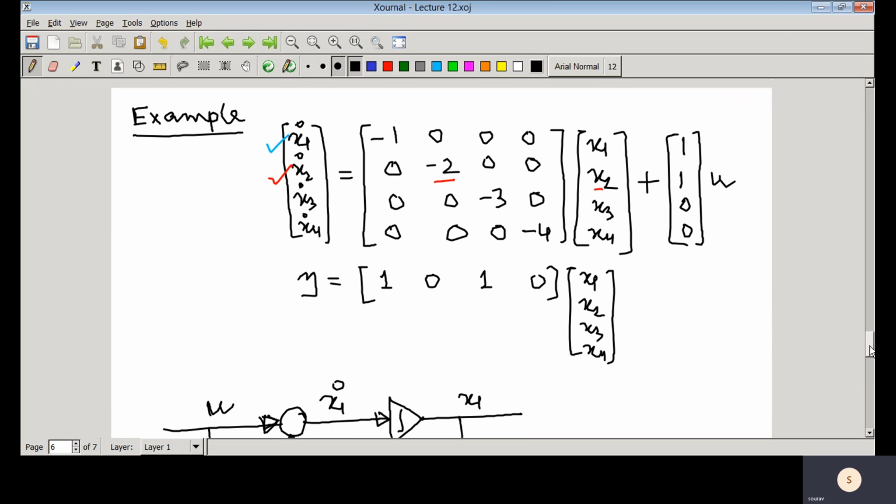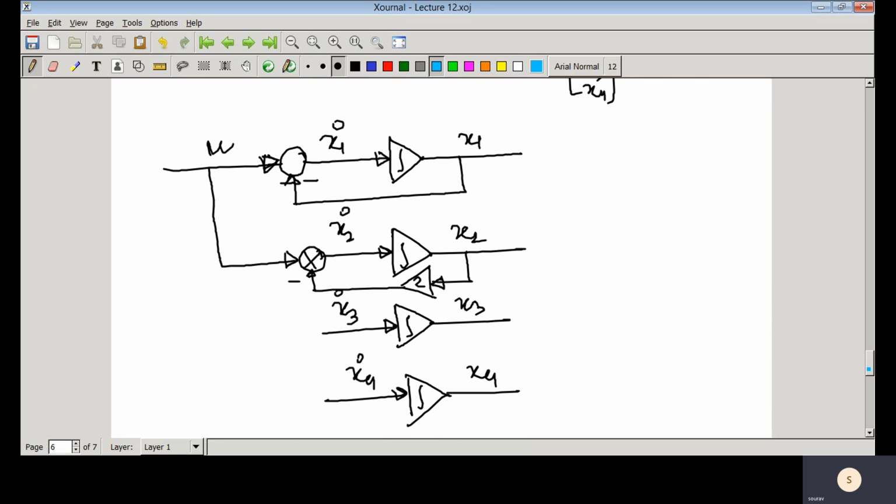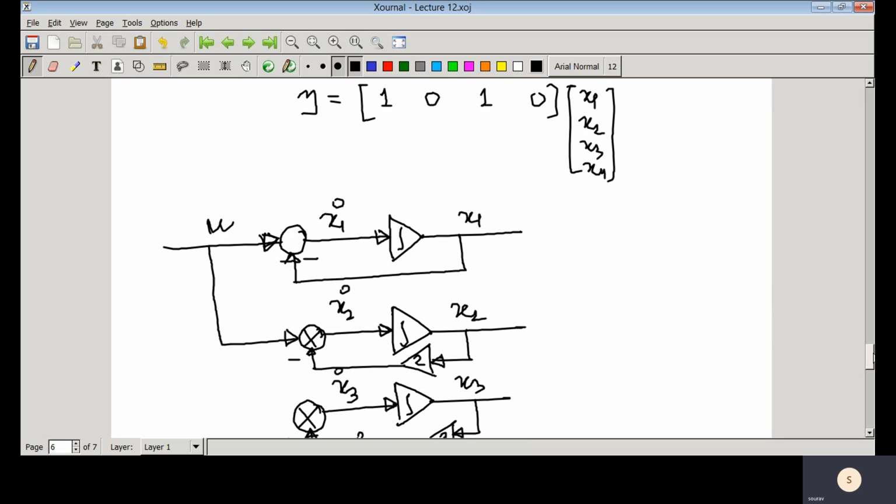Now look at the third equation. Third equation is x3 dot equal to minus 3x3, but there is no u. So minus 3x3, that means here 3 and minus, but there is no input here.